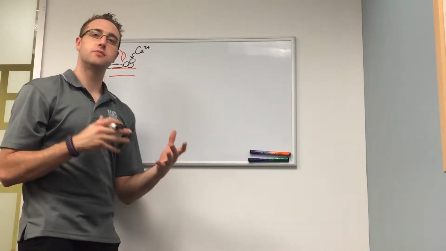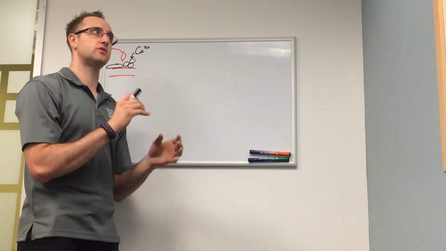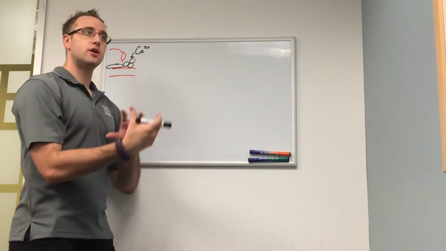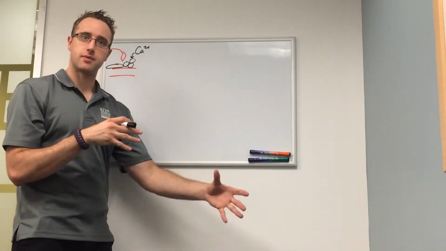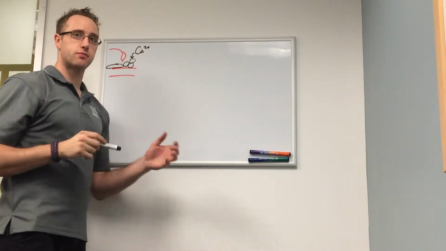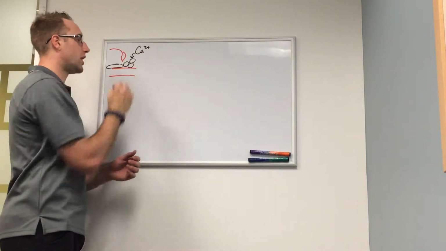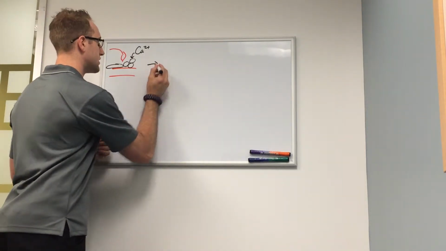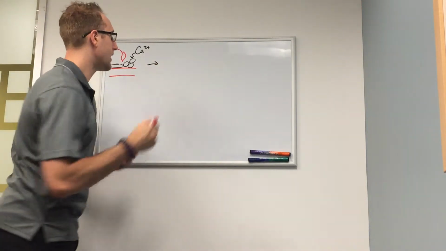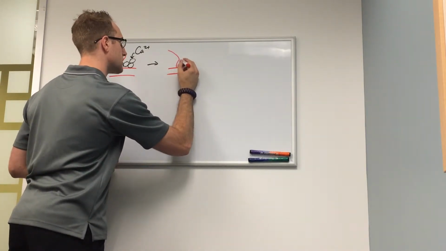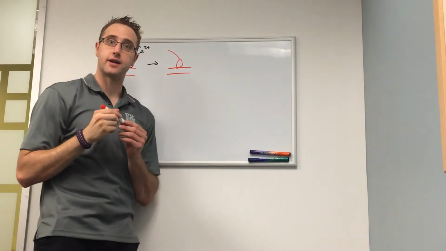When the charge distribution of proteins changes, it causes the proteins to shift their shape, all right? So calcium binding to troponin C causes this whole complex to shift, which then allows the underlying actin to be exposed and the myosin head to bind, okay?